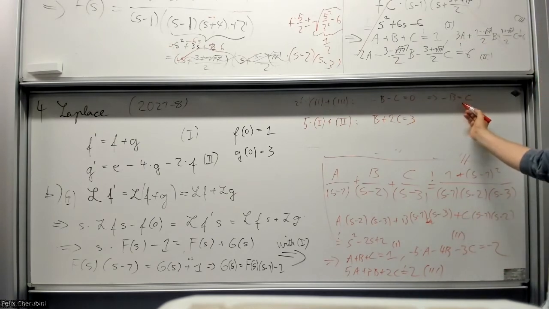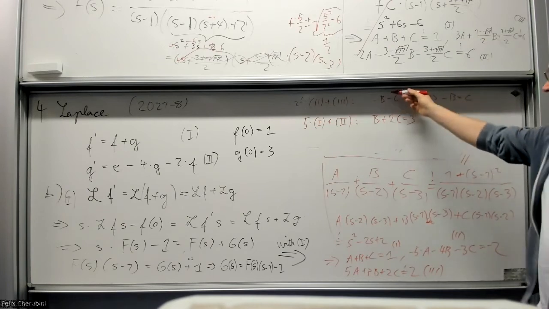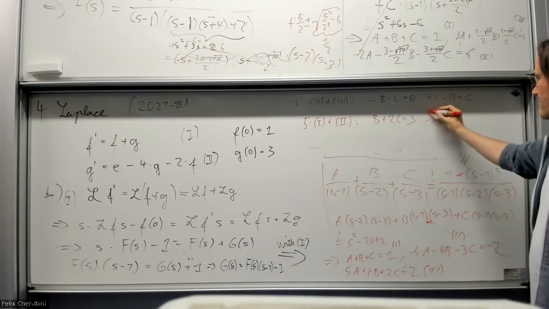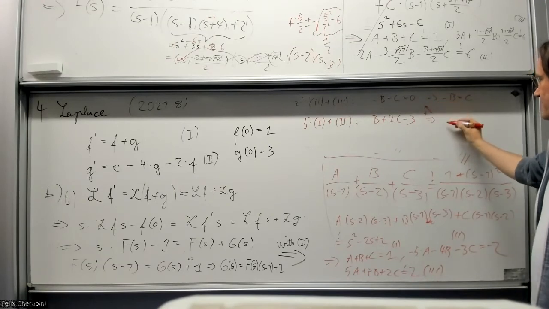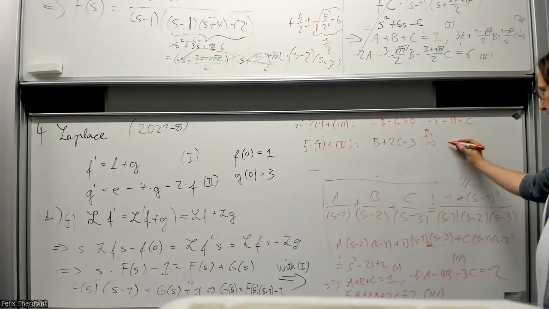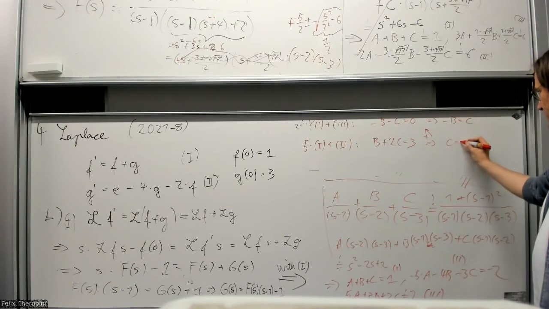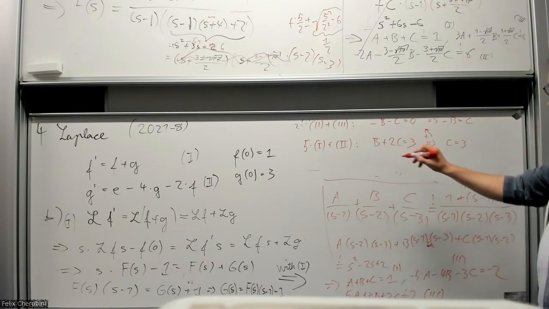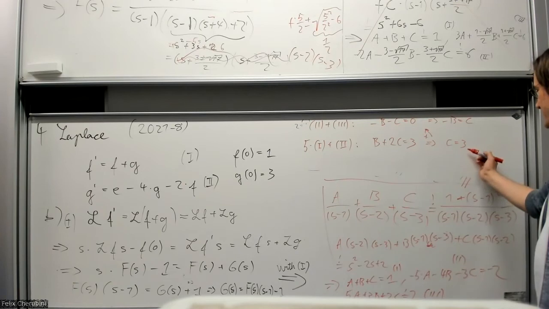And now I can maybe substitute with this one or just add this equation. So plus this equation gives me c equals 3, right? Cool, okay.